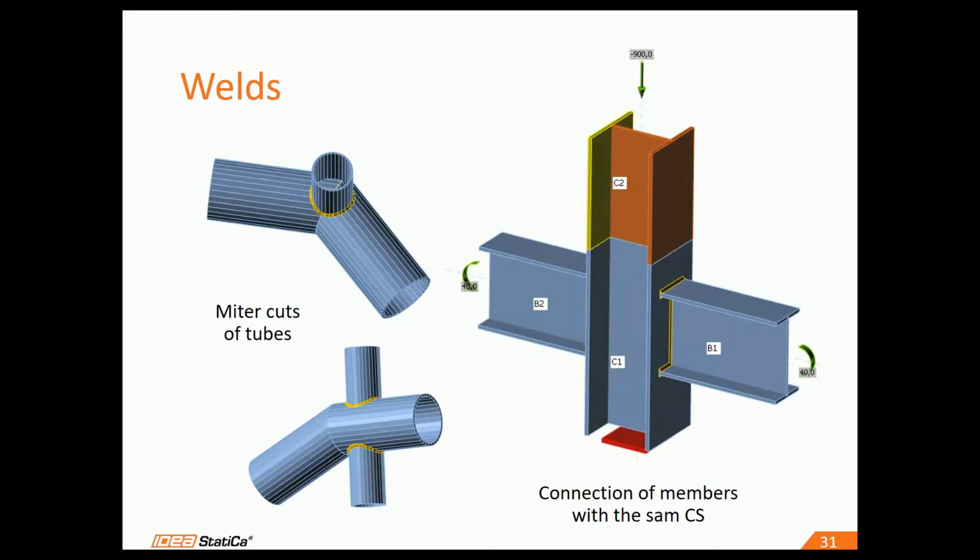And with the new contact edge on edge, it's also possible to weld edge on edge, so you can connect two members with the same cross section, as you can see with those two H columns on the right side of the slide. It's also possible now.